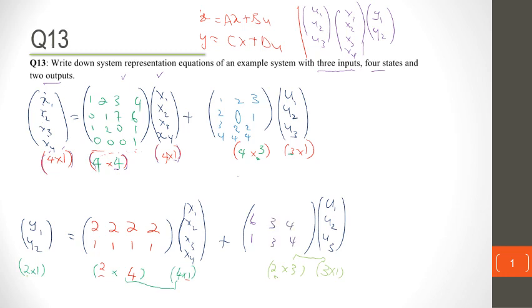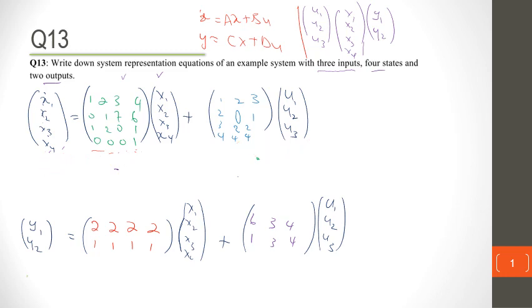Now, if I were to cancel that, this would then be a random example of a system with 3 inputs, 4 states, and 2 outputs.